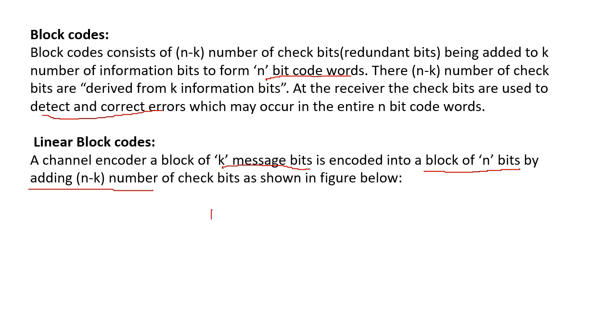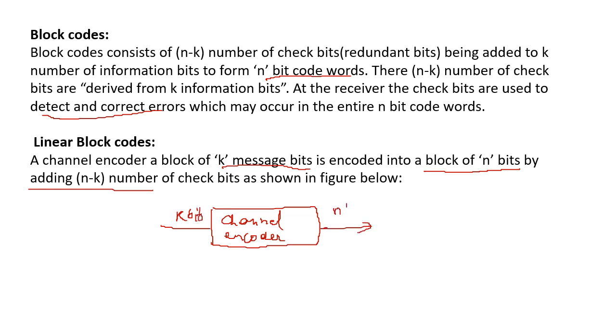So you will have a channel encoder which receives k bits of information and converts it into an n-bit code vector.